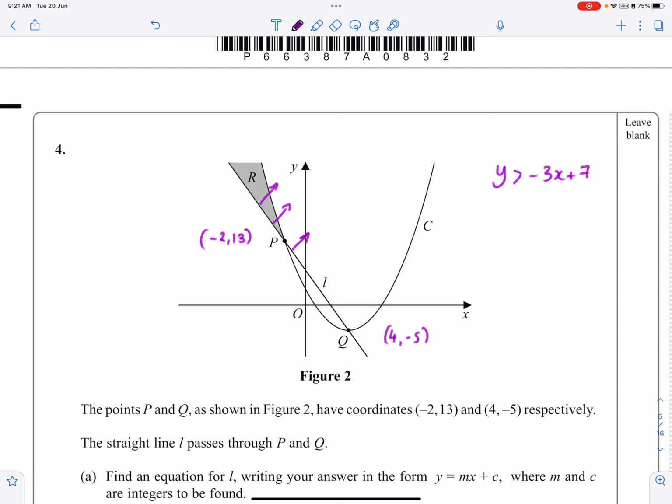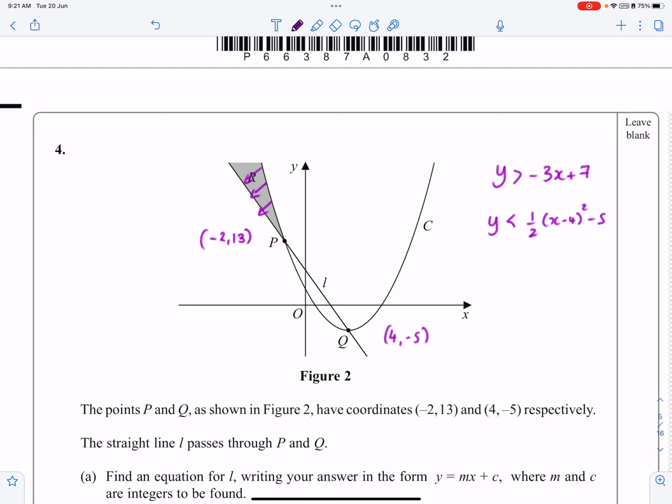And I can see, following the same argument, that it's less than the curve. It's underneath the quadratic. So y is less than half (x minus 4) squared minus 5.